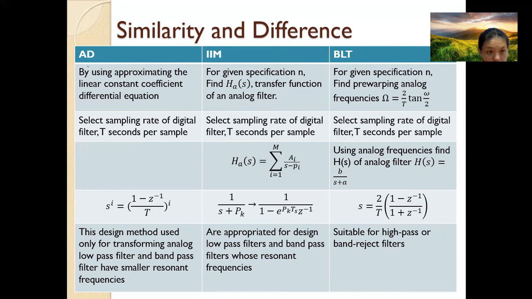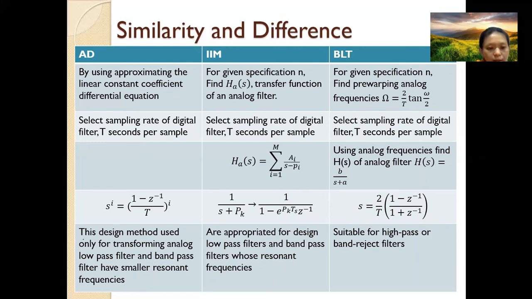For AD, we will have s to the power of i, which is 1 minus z to the power of minus 1 divided by T, the whole thing to the power of i. For IIM, we will have 1 divided by s plus p_k, which maps to 1 divided by 1 minus exponential p_k T z minus 1 in digital. Then for BLT, we use s equals 2 divided by T, 1 minus z minus 1 divided by 1 plus z minus 1.